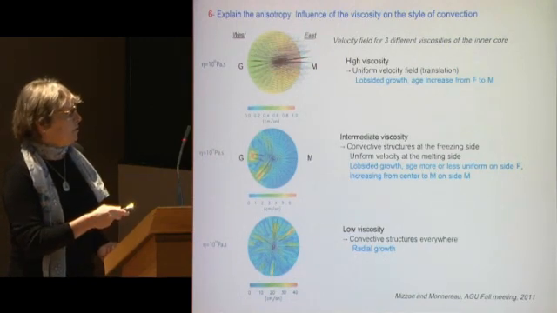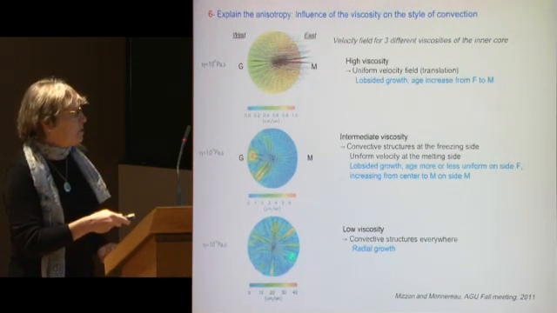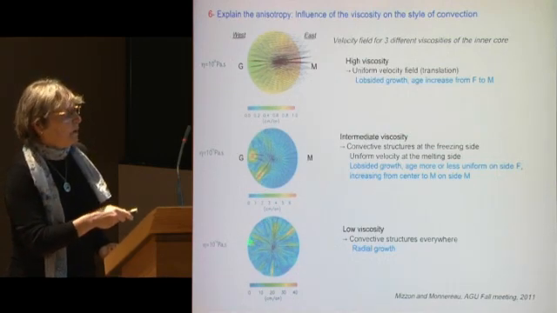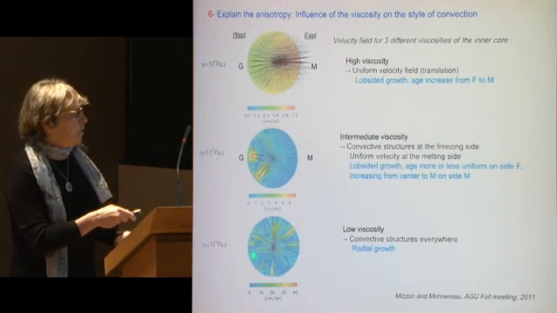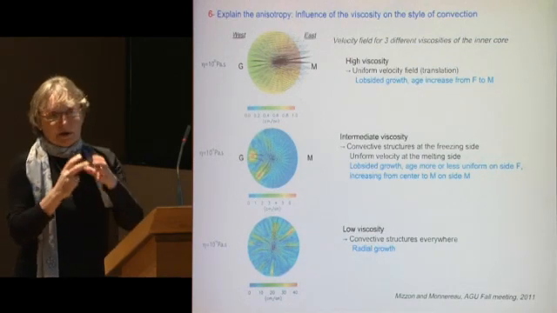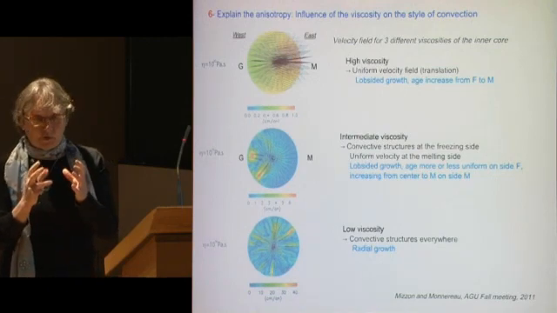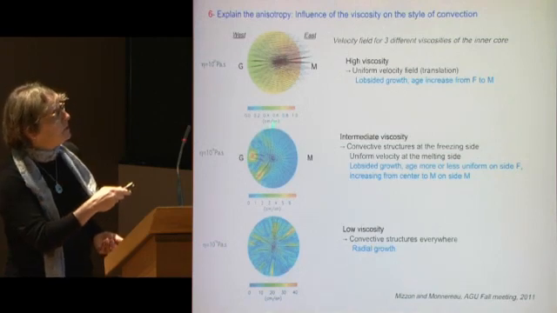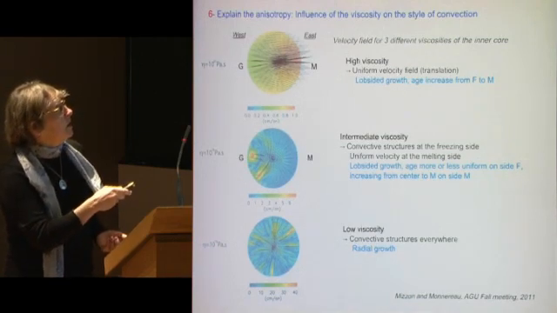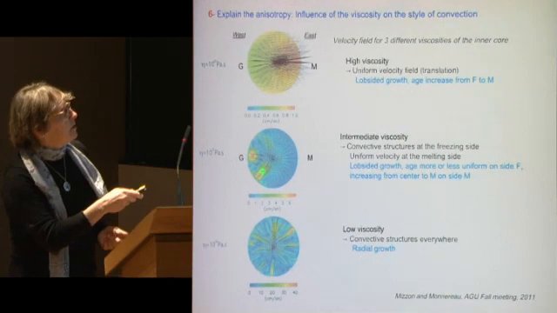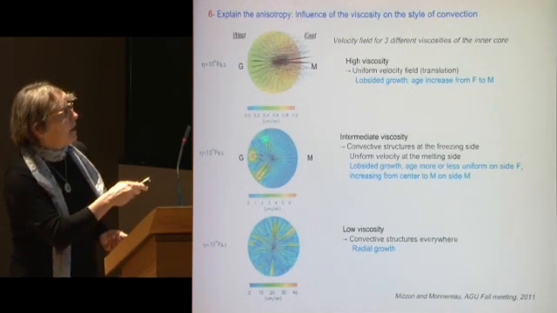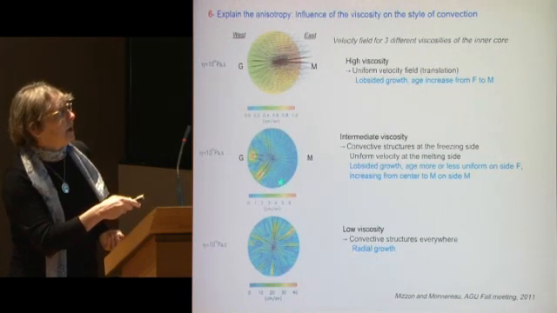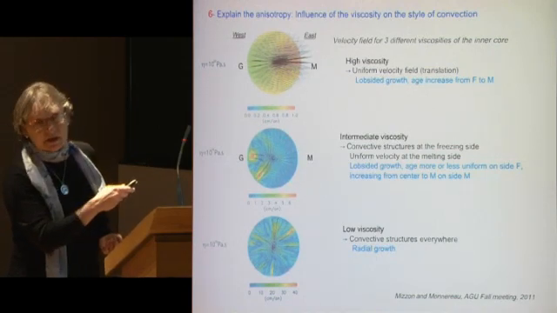If we look at much lower viscosities, we have a kind of convection as if we were in a box with closed boundaries, and in between we have this regime where one hemisphere has a complex convection and the other hemisphere has a pattern close to translation.